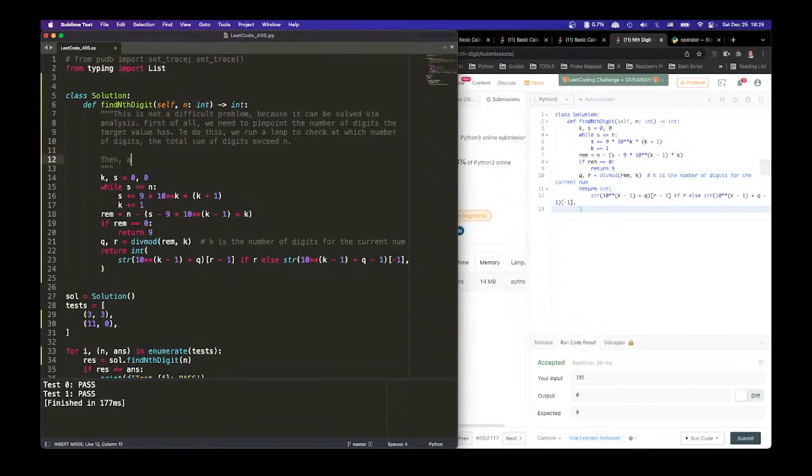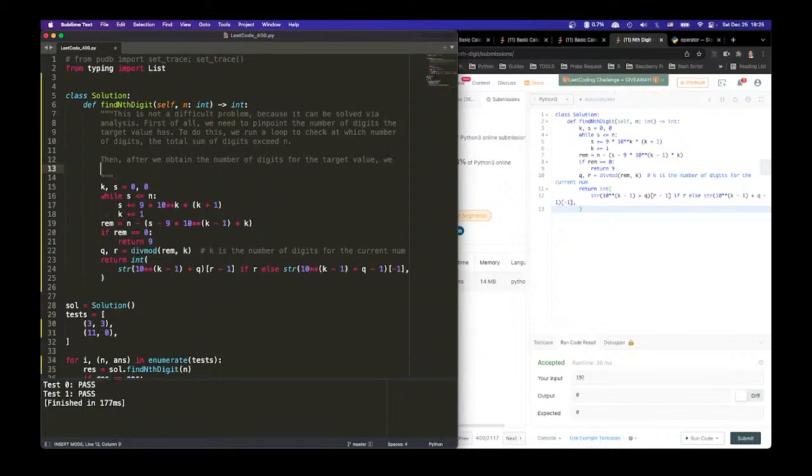Then after we obtain the number of digits for the target value, we compute the number of digits going from 10 to the k minus 1.